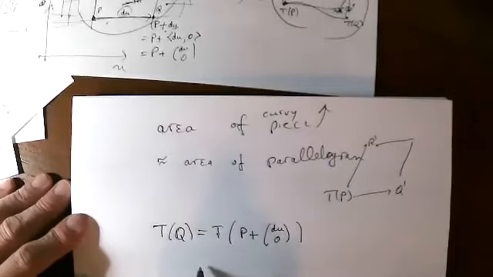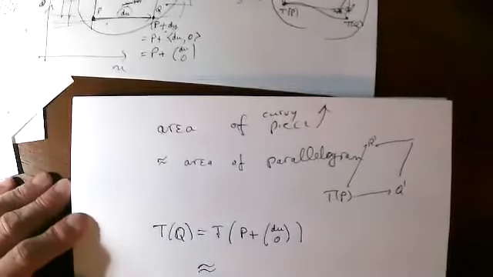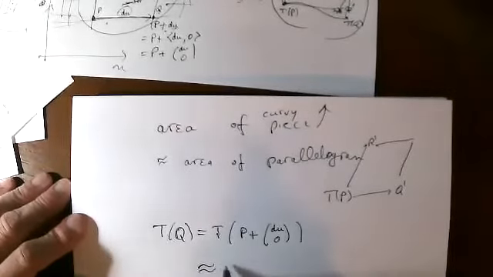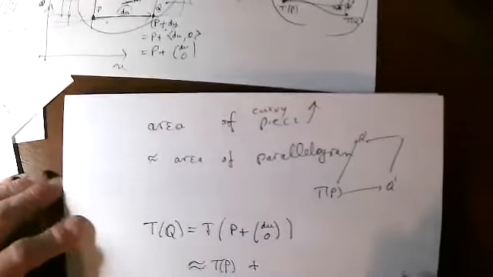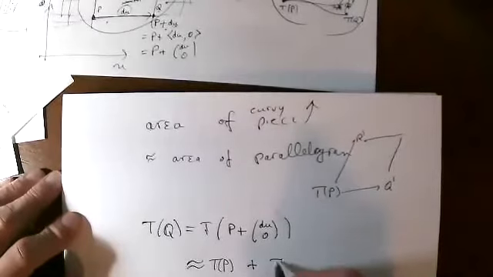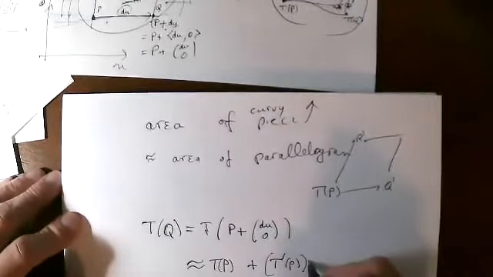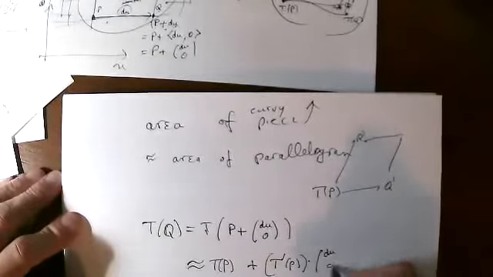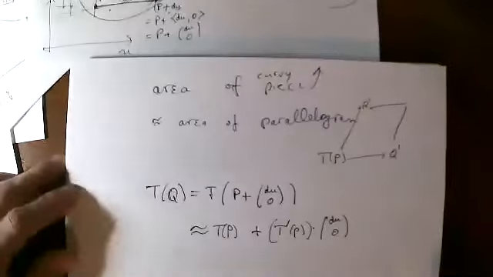And our sense of approximations from the first half of the semester is that this will be the same as the point T(P) plus a small displacement vector, T prime of P, that's a matrix, multiplied by this column vector, du on the top and 0 on the bottom.